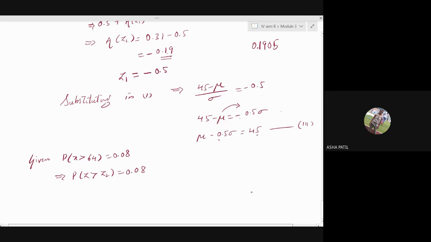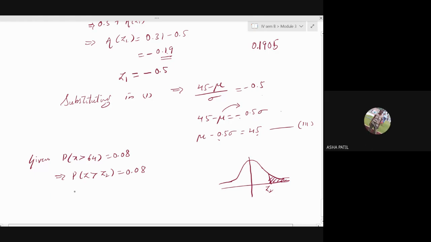Now how will you write, with respect to area, z greater than z2? Let me take z2 here. How will you write z greater than z2 from the figure? 0.5 minus.